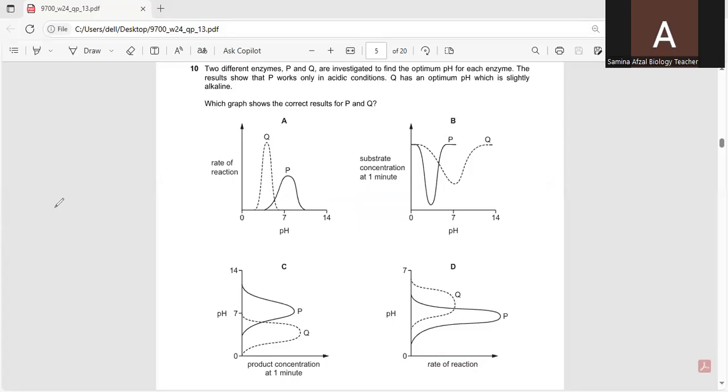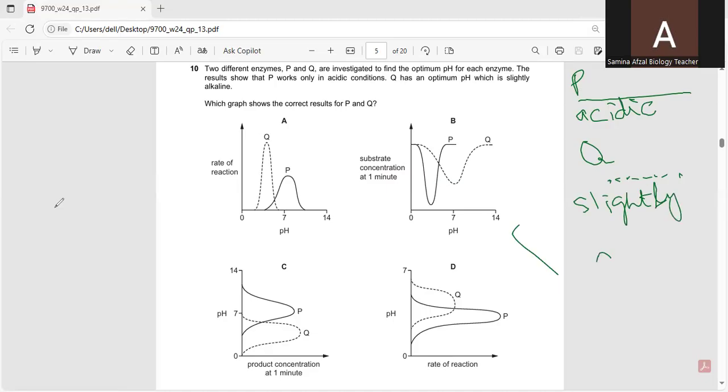P is mentioned with a straight line, and Q, with the dotted line, works only in slightly alkaline conditions.